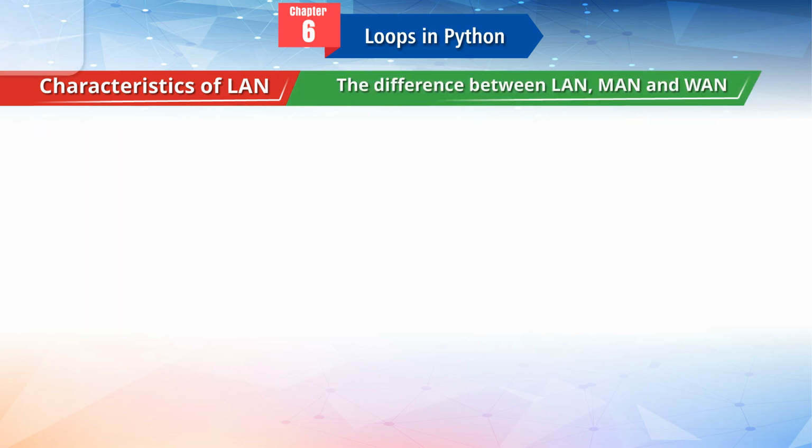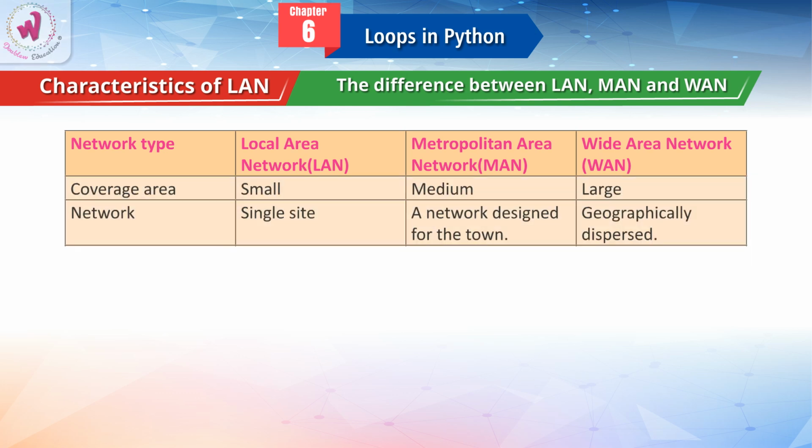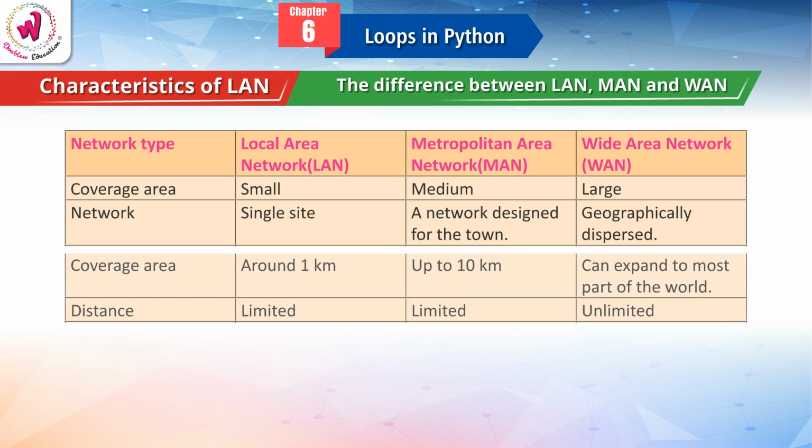The difference between LAN, MAN, and WAN. Network type: local area network, metropolitan area network, wide area network. Coverage area: small, medium, large. Network: single site, a network designed for the town, geographically dispersed.